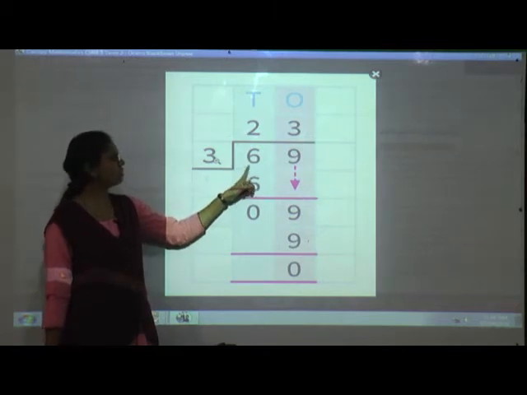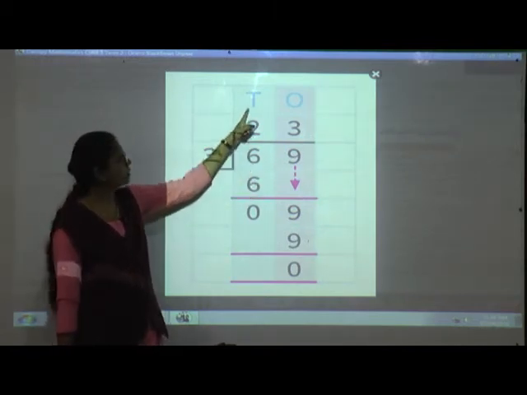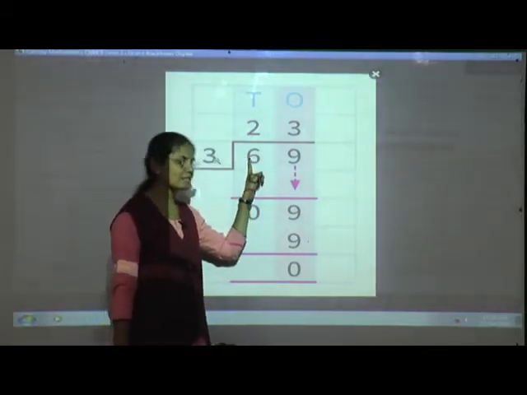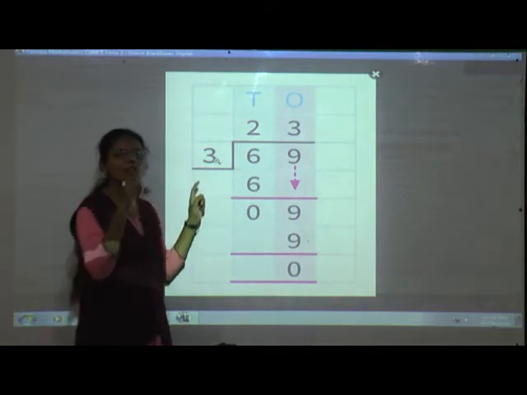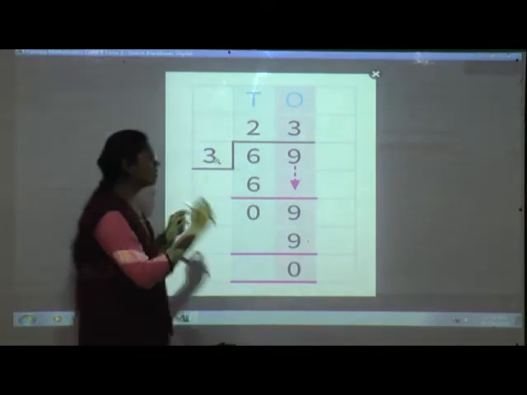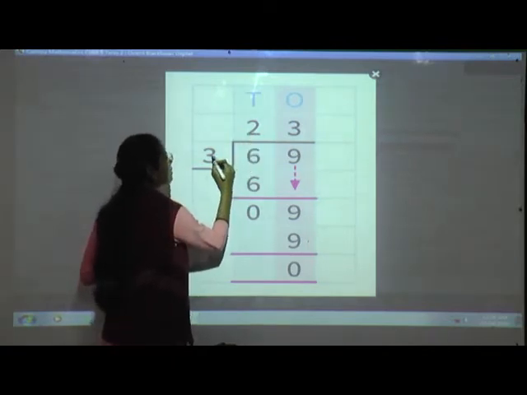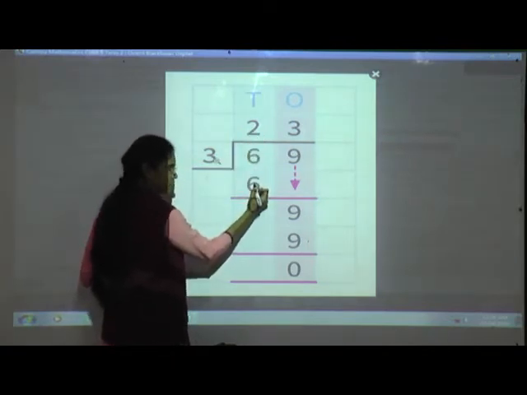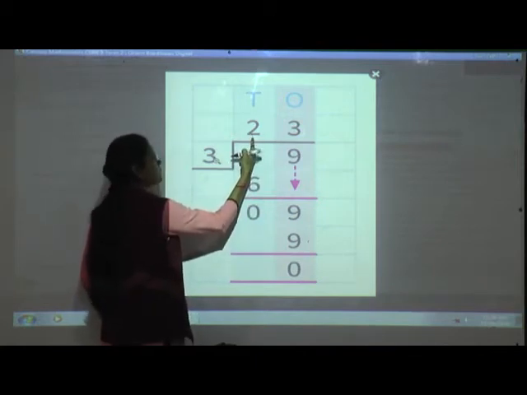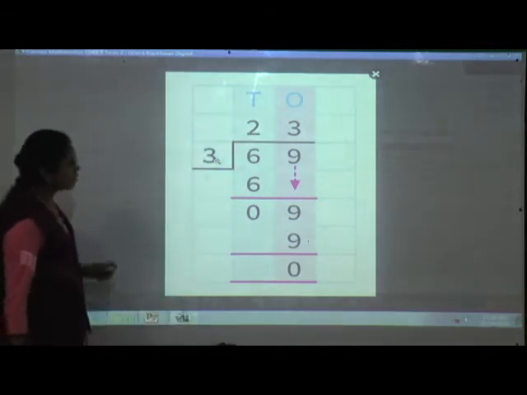And see students, what is the place of 6? The place of 6 is tens. So at tens place we will write 2 in the quotient part.